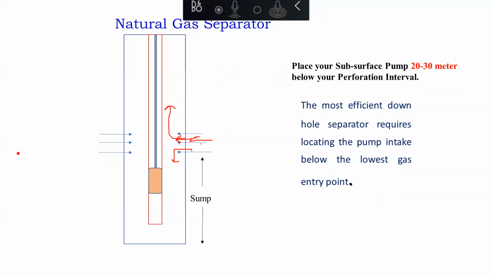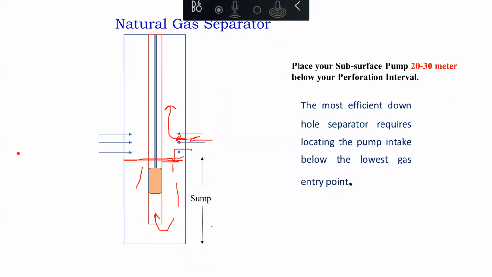So that's how you will be able to separate your gas from your water. Your water will have a level. Suppose all of this is your water. So you will be able to pump only water, avoiding gas.